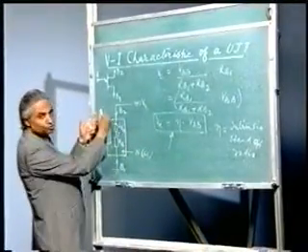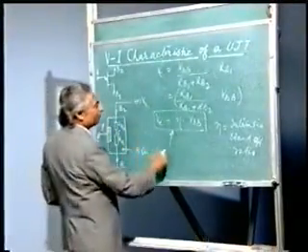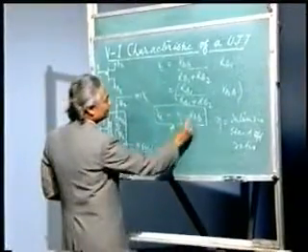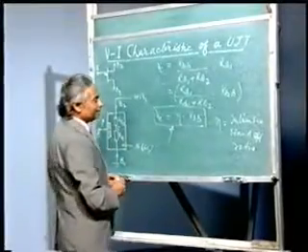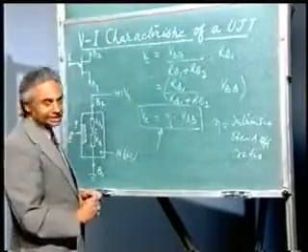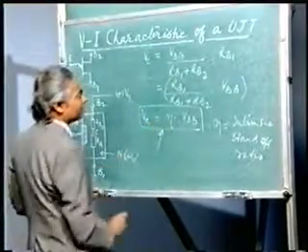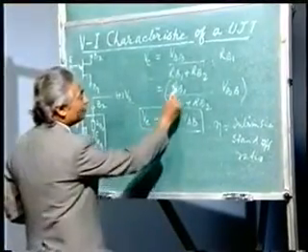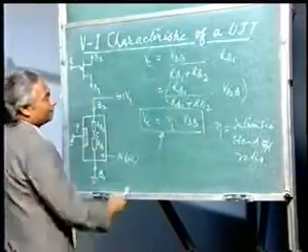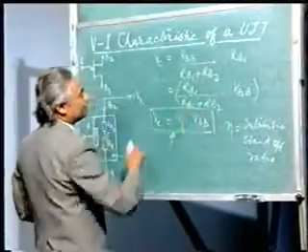it is divided into two zones, depends on two things. One is intrinsic standoff ratio and the other is the interbase supply. As I increase the interbase supply, Vc will also increase. Now how about intrinsic standoff ratio eta? Since it is the ratio between Rb1 and Rb1 plus Rb2, we see from here that the denominator is more than the numerator.